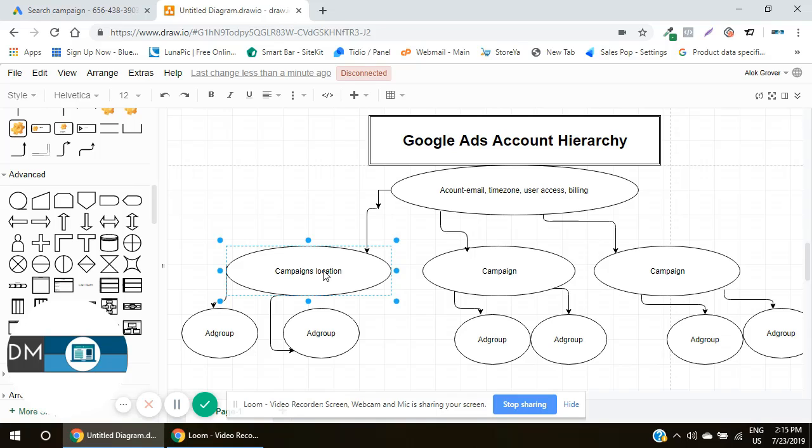So you would actually be telling Google that I want to target this location, or I don't want to target this location, as it is of no use. Or maybe people who are not physically there in that location, but they are interested in that location. So you have to signify to Google that I am interested in targeting this location, and the people in this location who might be interested in it or physically be in it, or maybe not interested in this location also, you can target. So the next thing you can target under campaigns would be scheduling.